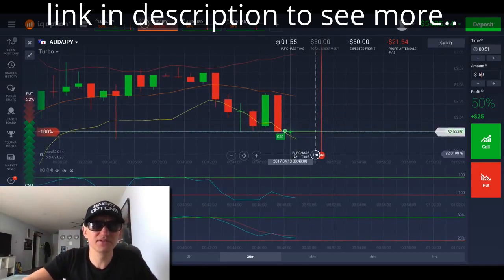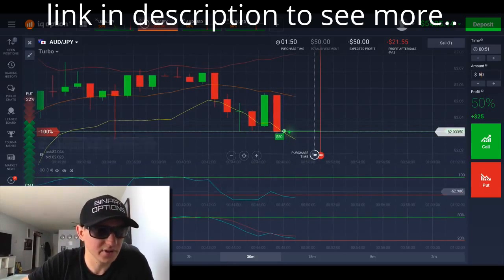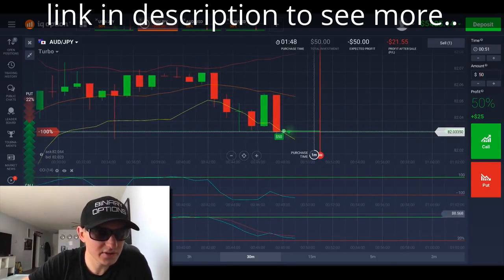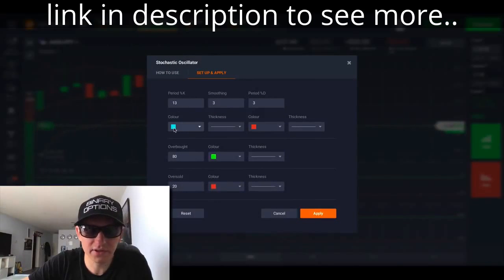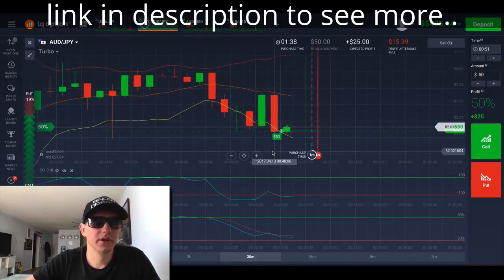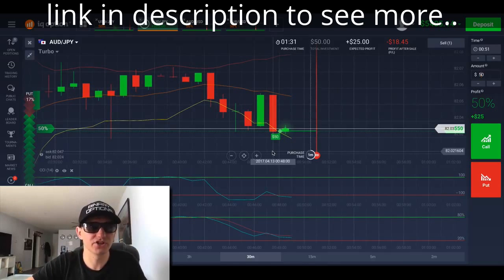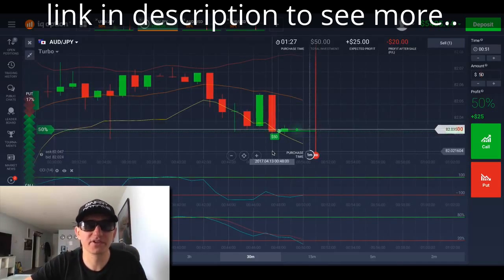So as you see, stochastic oscillator consists of the two lines, the K line and the D line. K line is blue and D line is red. The K line measures how the current closing price is in relation to the total price range for the defined time period.